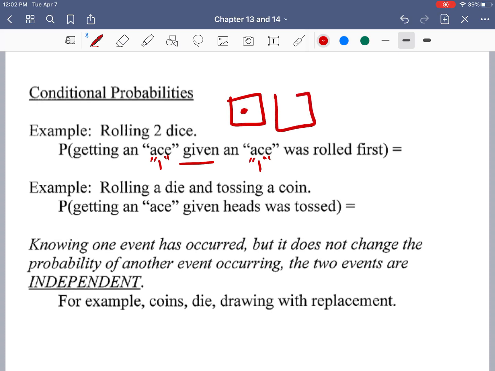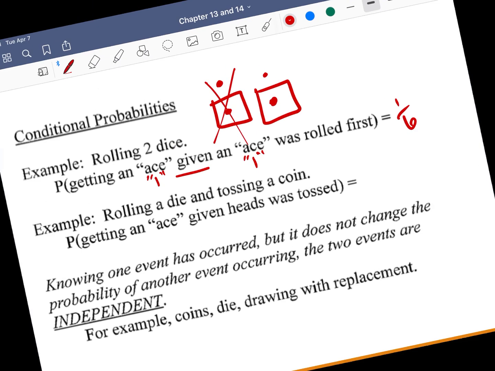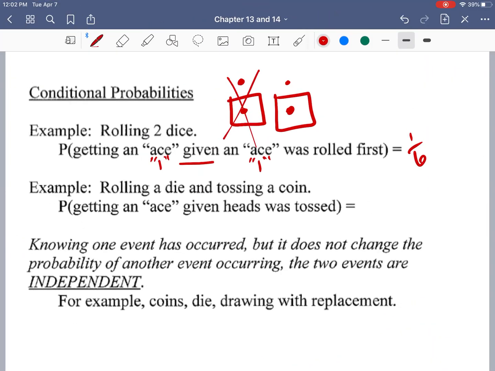Well, I'm rolling 2 dice. The first one got a 1, then I roll the second die. I want to know the probability the second one got a 1. What happens with this first die has nothing to do with what happens on the second die. So we don't really care what happened with the first die. The probability of getting a 1 on the second die is just 1/6. There's 1 side that has a 1 on it out of a total of 6 options.